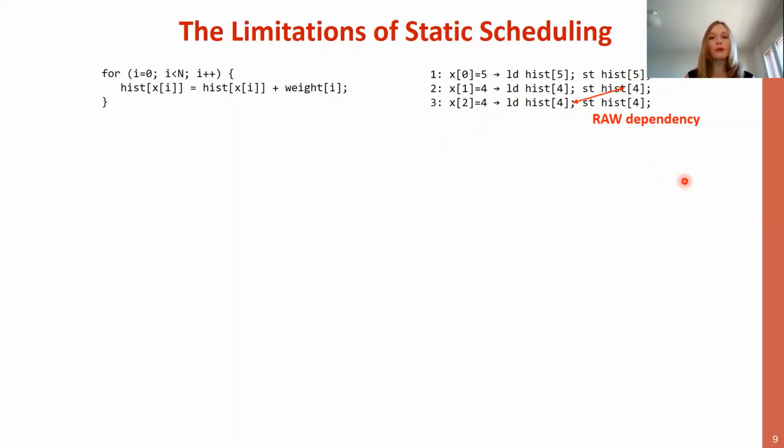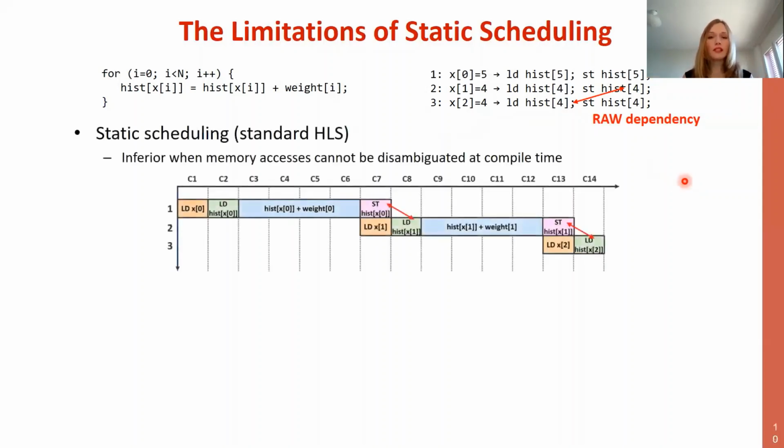So we do not know at compile time where these dependencies exist because we do not know the values of x. So what a standard HLS tool would do, it would build a conservative schedule where it assumes that there is always a read after write dependence, and each load will be scheduled after the previous store completes. So this ensures that if there actually is a dependence, it will be correctly honored because the load happens after the store in every case.